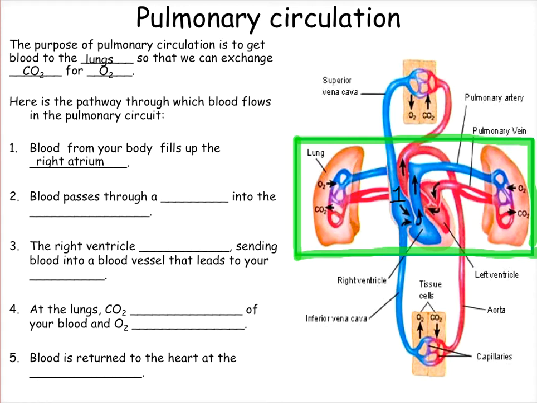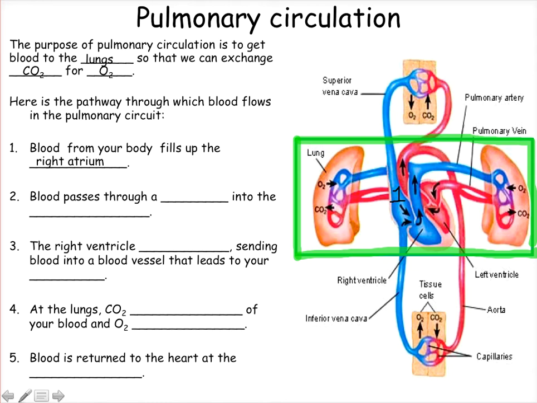And although it is not blue in real life, we use blue in diagrams to indicate that there's no oxygen in it. So I'm going to start tracing this pathway, and I will use blue, but just remember this blue does not mean the blood is blue. It just means there's no oxygen in it.